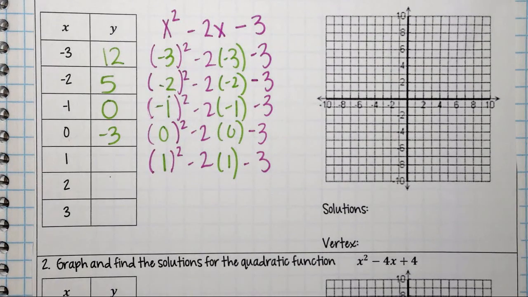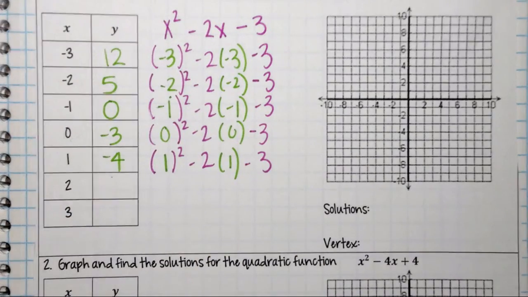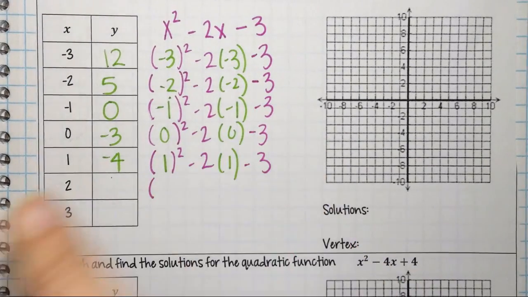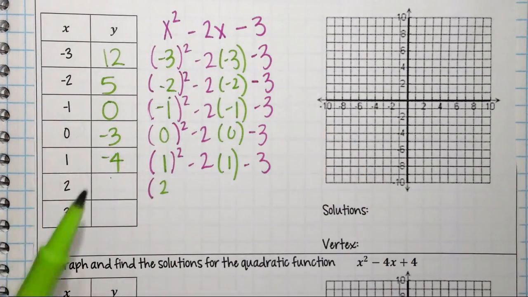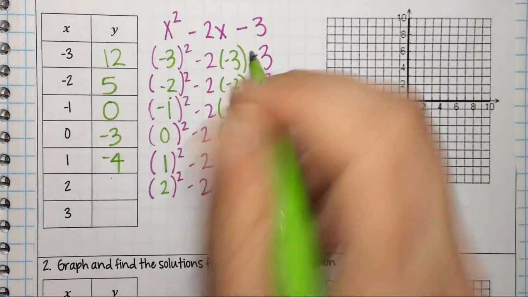Alright, what did we get when we plugged in 1? Alright, so have we started repeating yet? Nope, so we have to keep going. Once it starts repeating, you can cheat and quit, which is the only time I will ever tell you that.